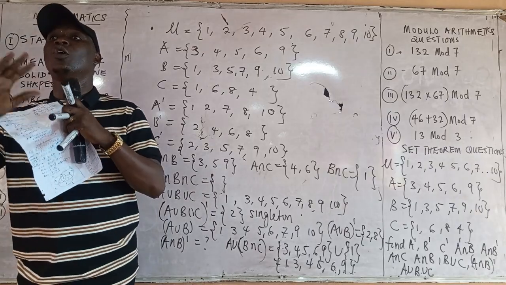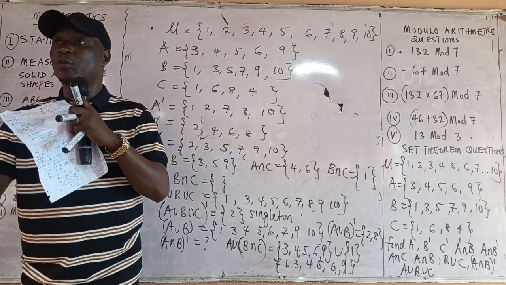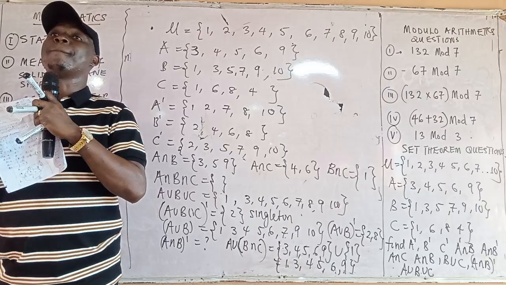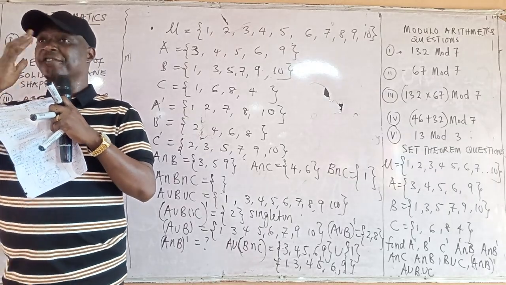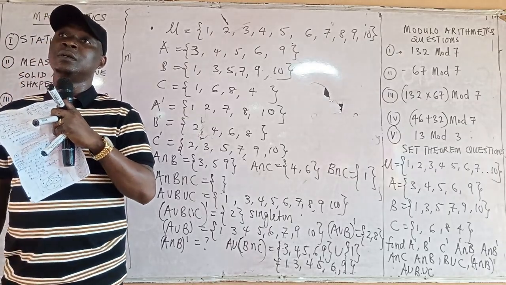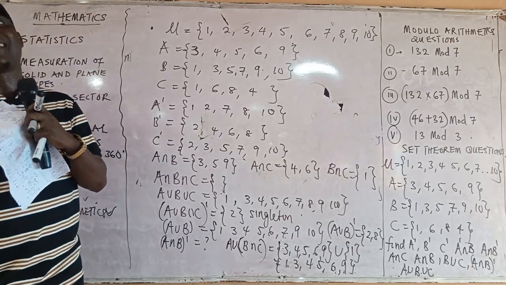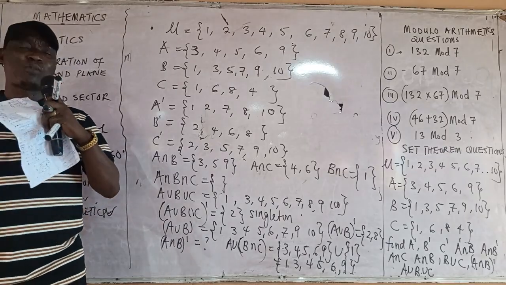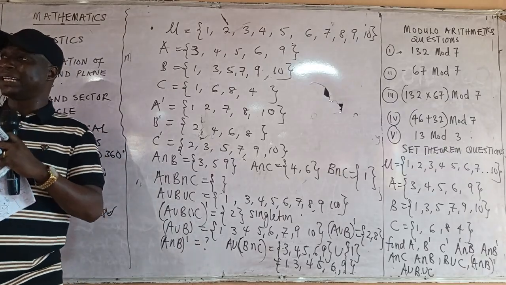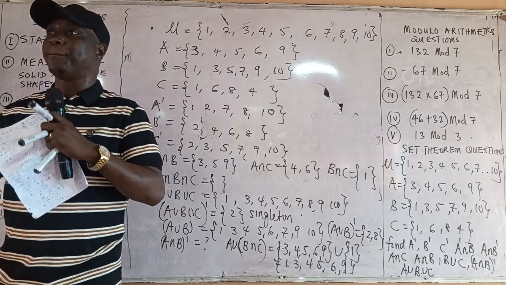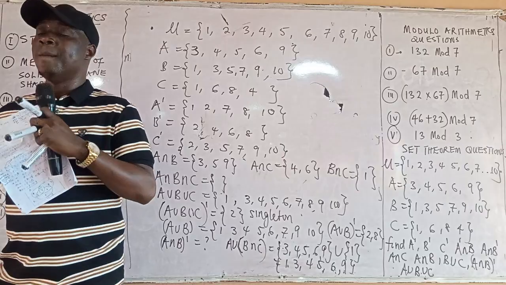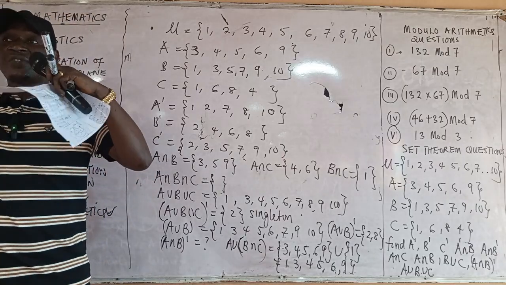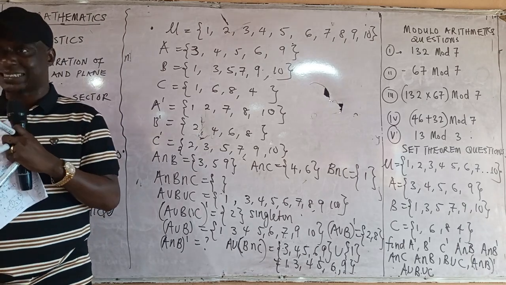Now the last part I want to explain, which will not take questions, is Venn diagram. In Venn diagrams, we look at how practical real life questions or analysis can be interpreted and placed in a Venn diagram. You can use a triangle or a rectangle to represent the universal set.